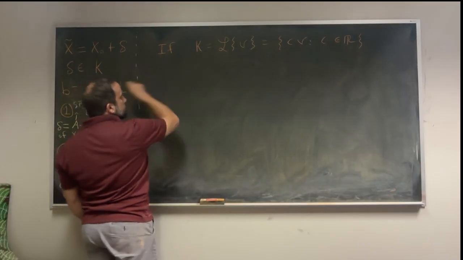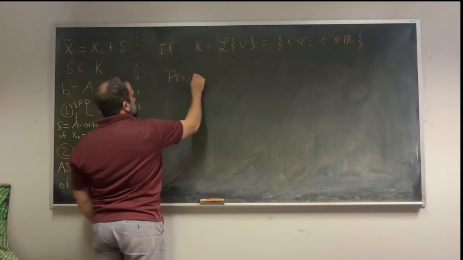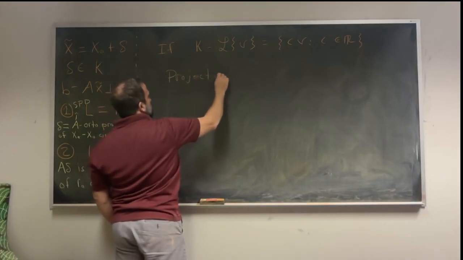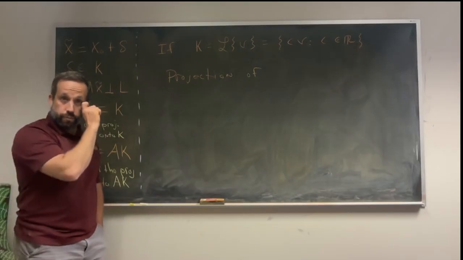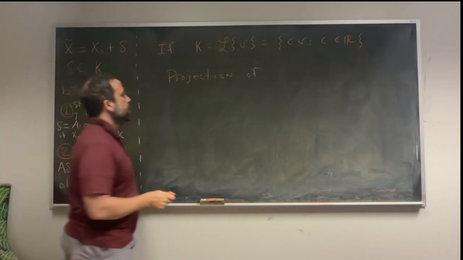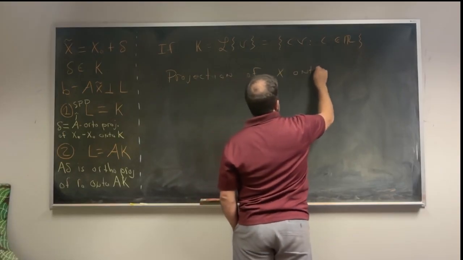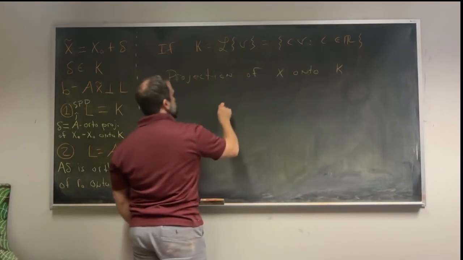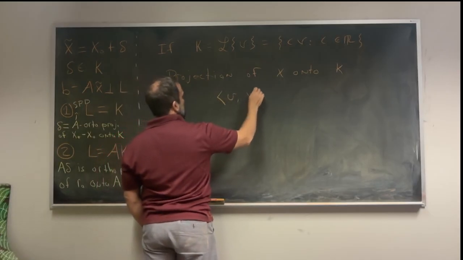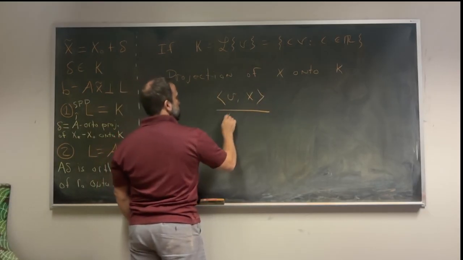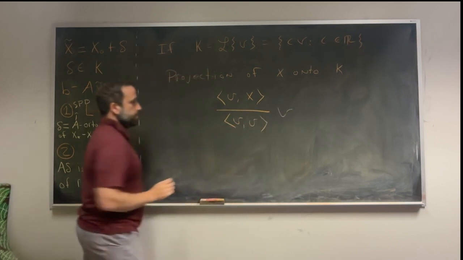Then the projection, and this is going to be under any inner product, this formula will work for whatever inner product we're dealing with. The projection of a vector x onto K is simply the inner product of v with x, divided by the inner product of v with v, times v.